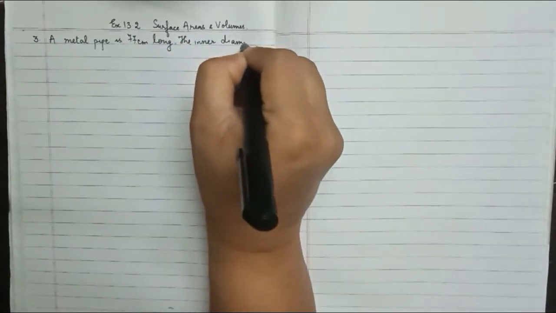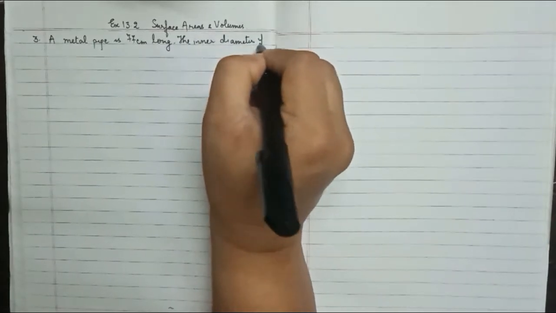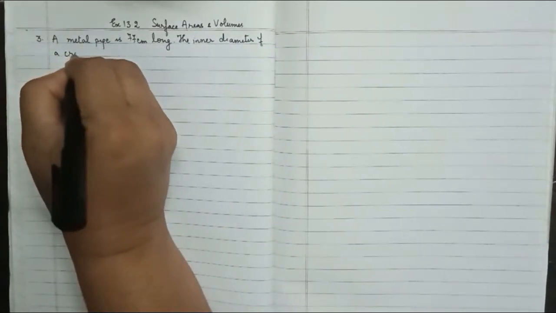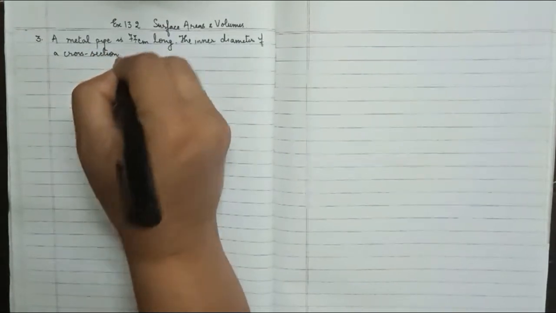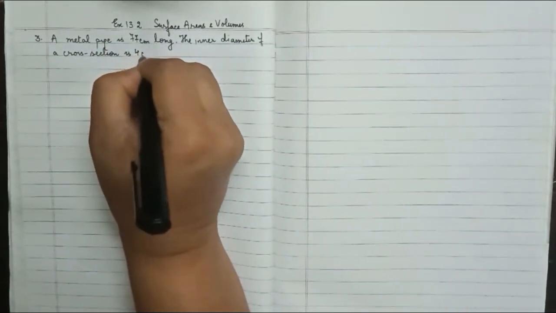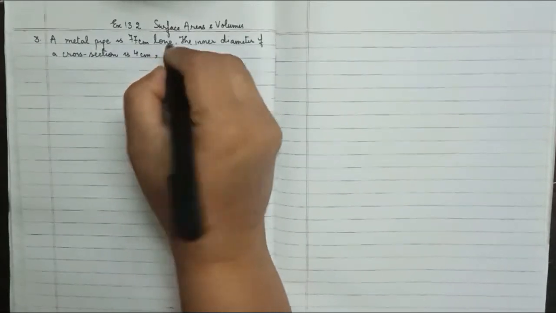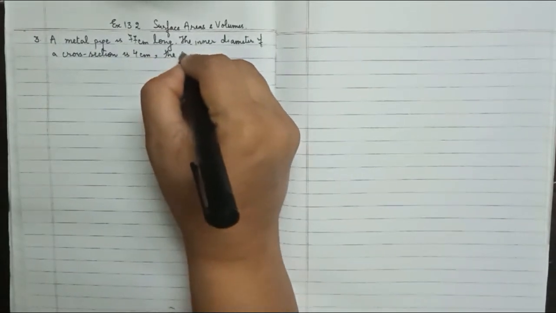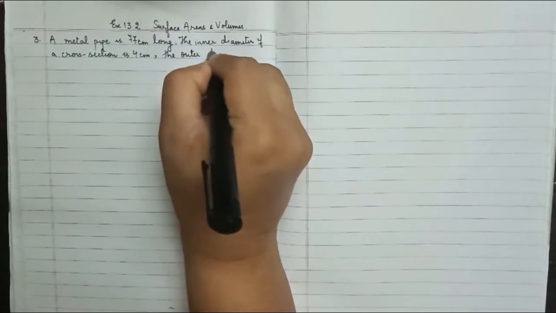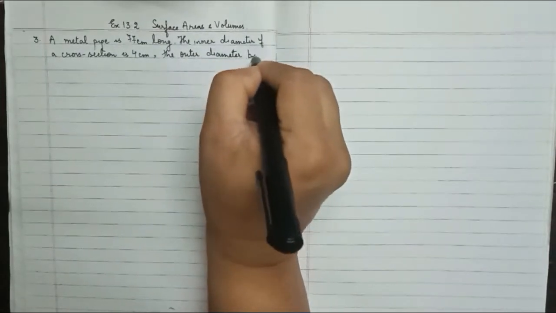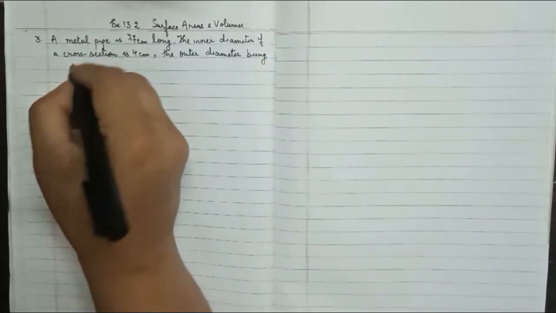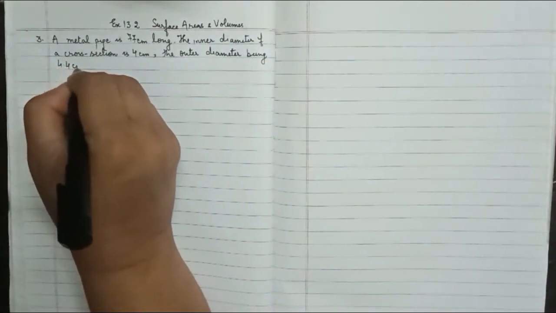The inner diameter of a cross section is 4 centimeter, the outer diameter being 4.4 centimeter.